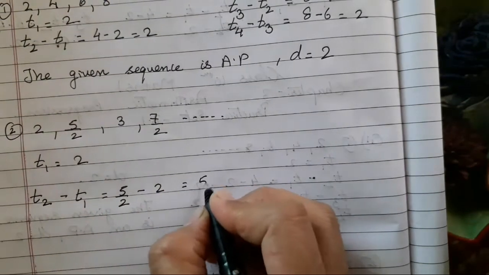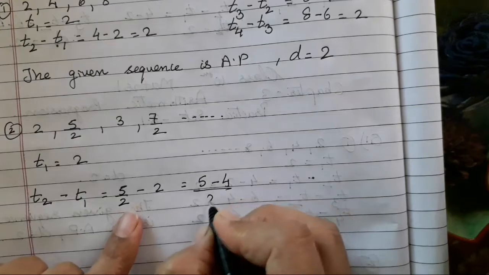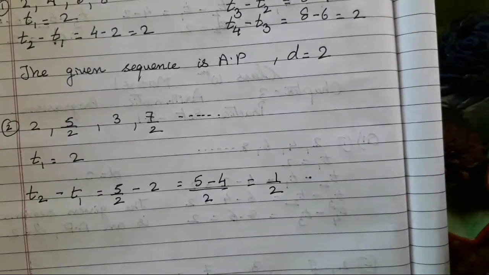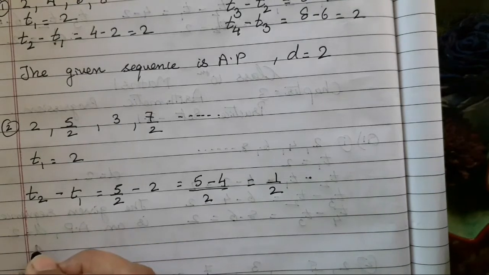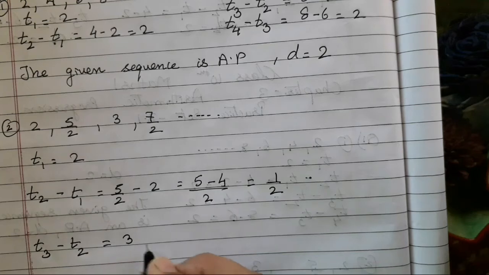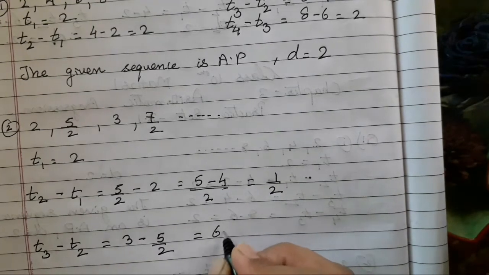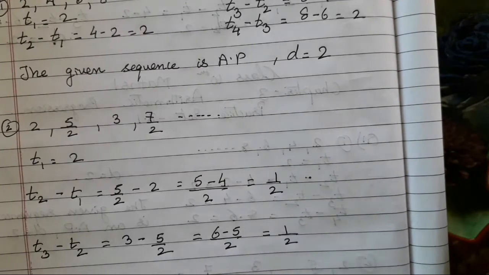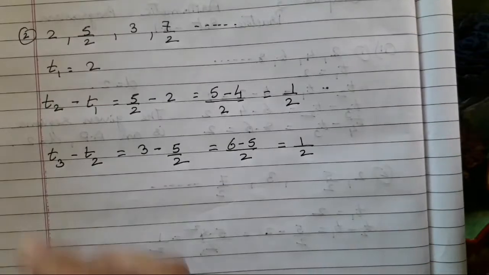So how are you going to write this? 5 minus 4 upon 2, so 1 upon 2 is your answer. Now the third and the second term: T3 minus T2 is 3 minus 5 upon 2, which is 6 minus 5 upon 2. The answer is 1 upon 2 after subtraction.